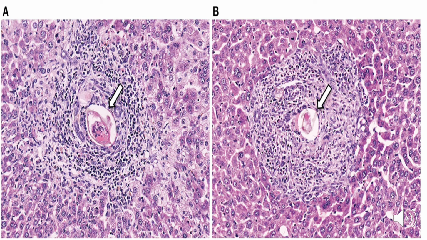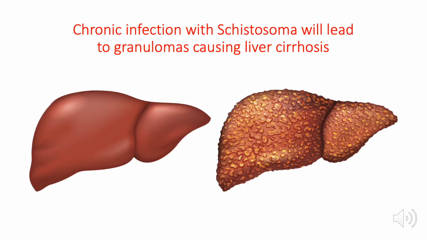But the problem is this granuloma will expand, will become bigger in size, and will replace the normal hepatocytes. And that will explain why chronic schistosomiasis will eventually lead to fibrosis of the liver and liver cirrhosis.